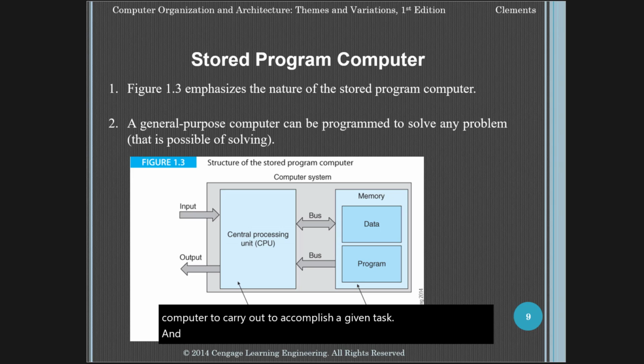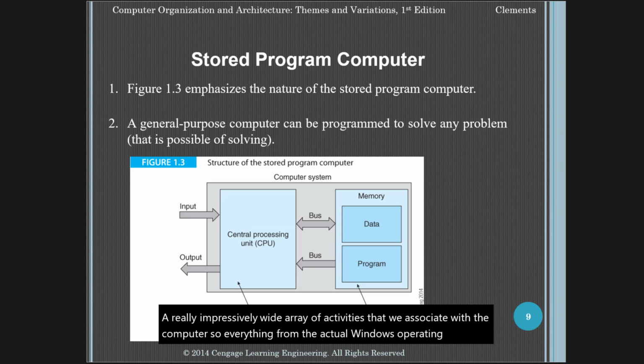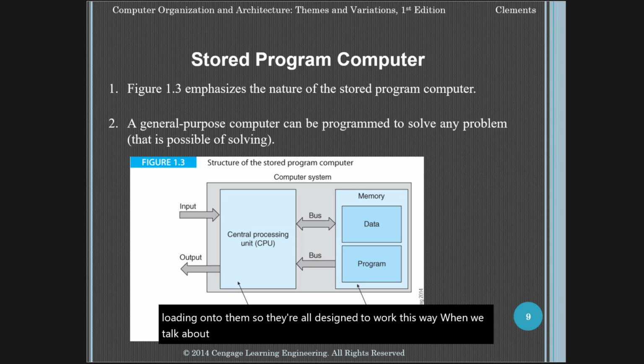And this general purpose machine that we have here has all of the hardware that we would need to be directed by the program to perform a really impressively wide array of activities that we associate with a computer, everything from the actual Windows operating system or the Mac OS operating system that our computers use, to the programs or apps or whatever it is that we're loading onto them. They're all designed to work this way when we talk about a general purpose computer.